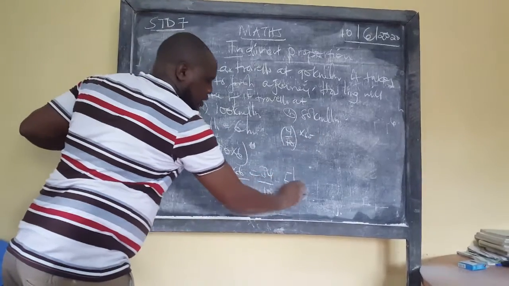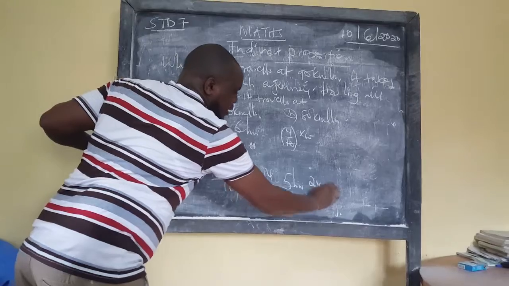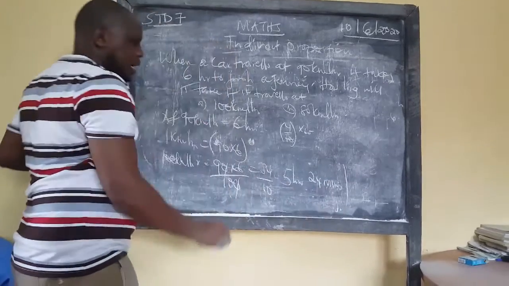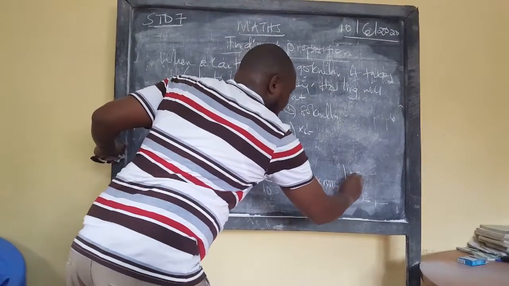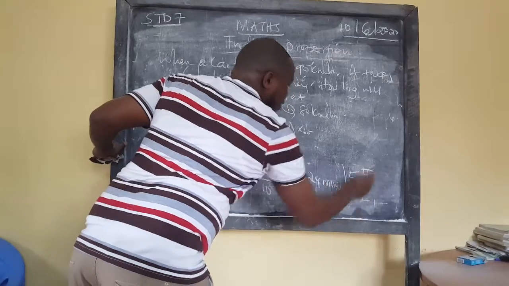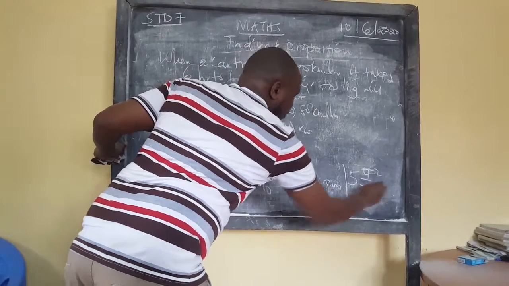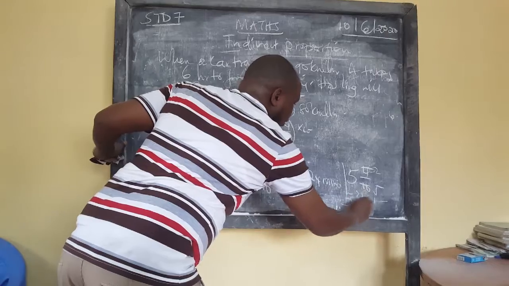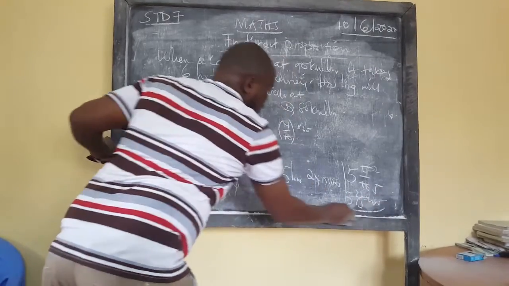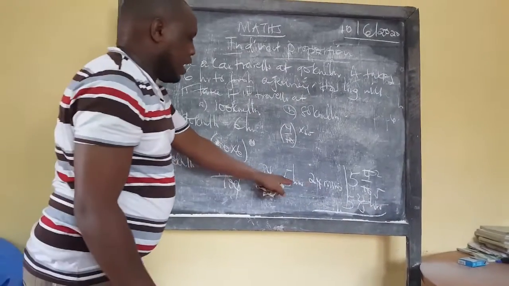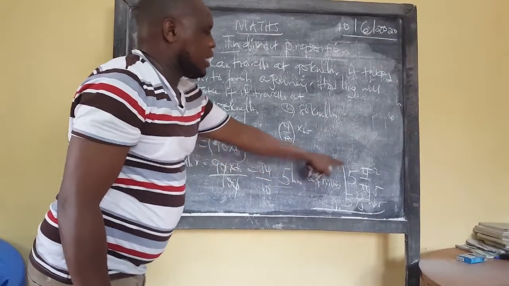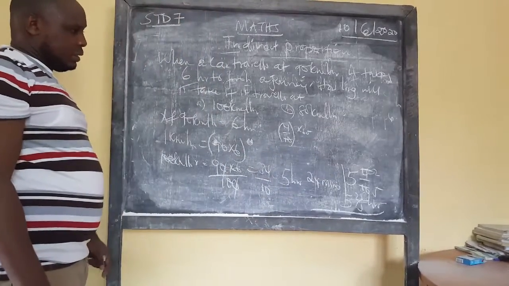So it's 5 hours, 24 minutes. If you don't want to write that, you can write 5 and 4 over 10, which you will simplify by 2, to 5 and 2 over 5 hours. So you can give it in terms of hours and minutes, or in terms of hours completely like that.